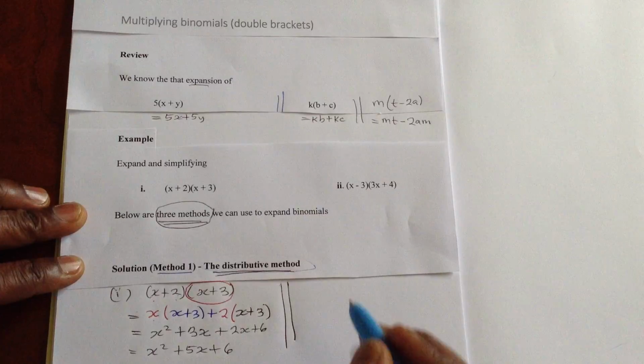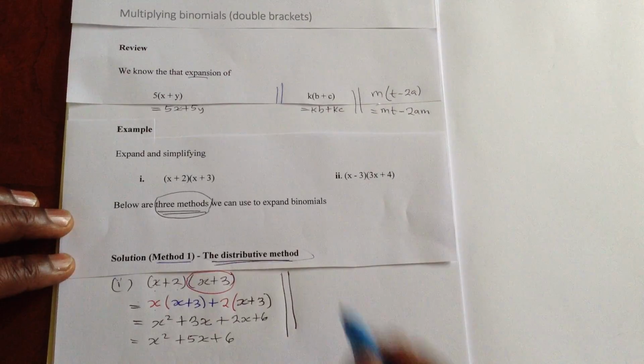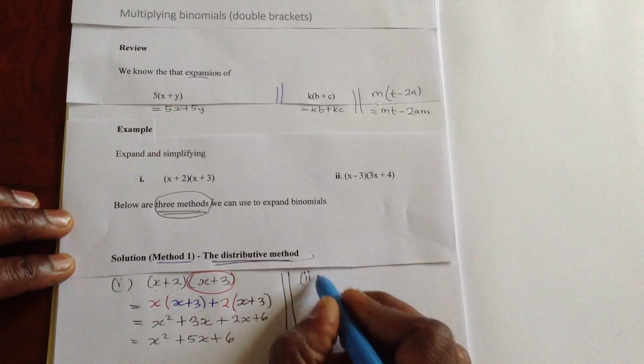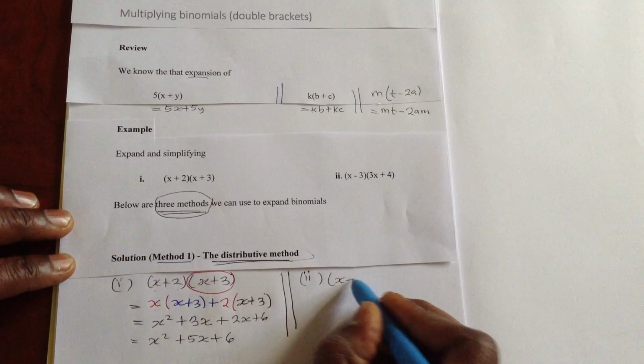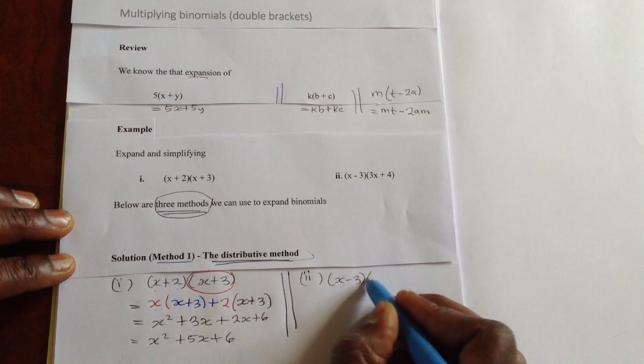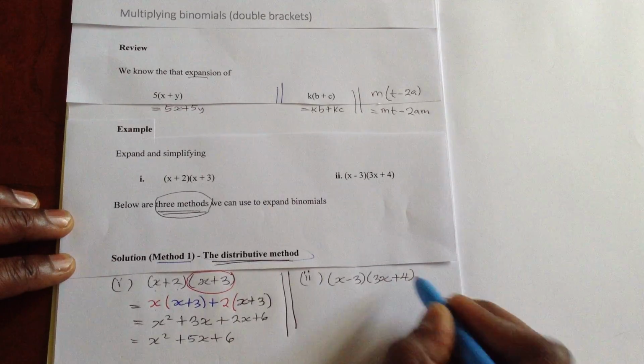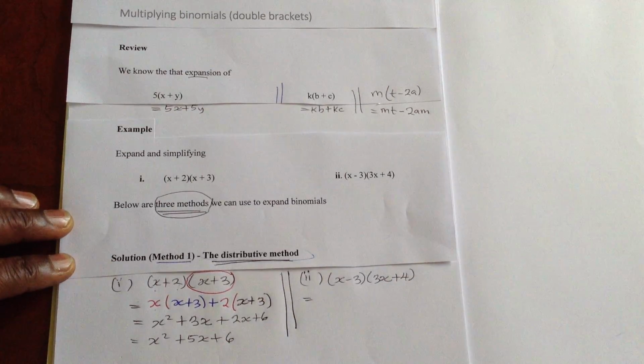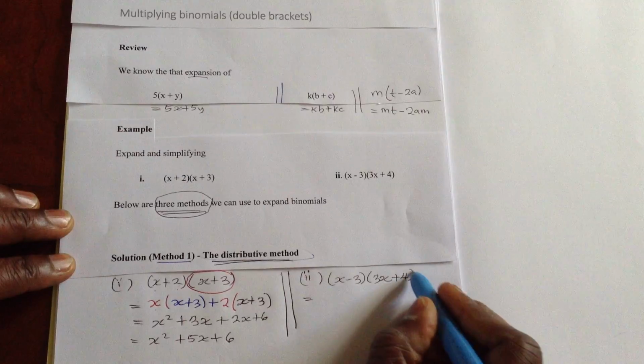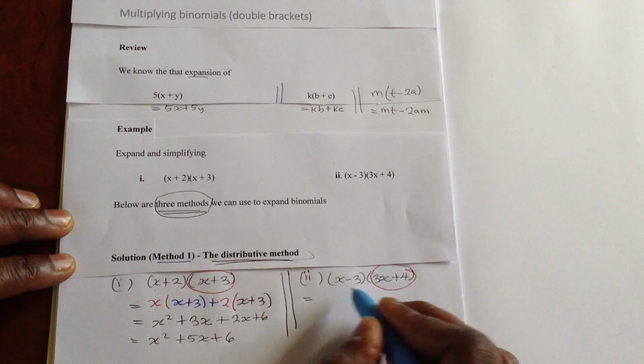A second example. x minus 3 into 3x add 4. Again, to distribute this, I'm going to distribute that bracket to the 2 terms here.